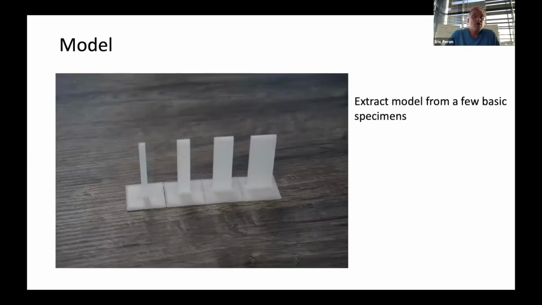So to build that model and specify the unknown parameters, we simply extracted a model from a few basic specimens that you see printed here and whose stiffness was measured using our experimental apparatus.